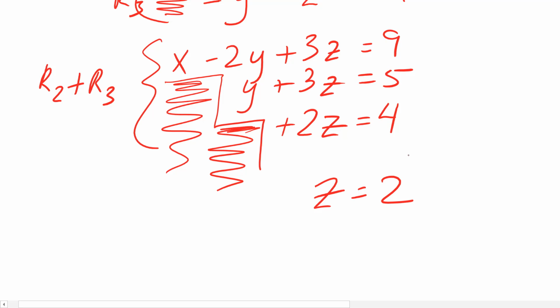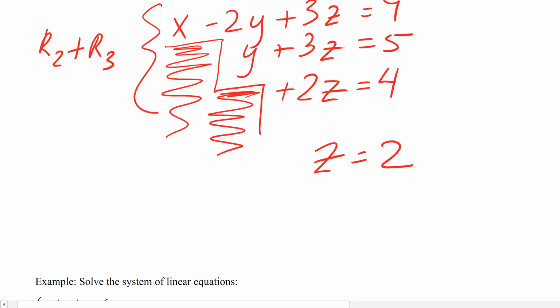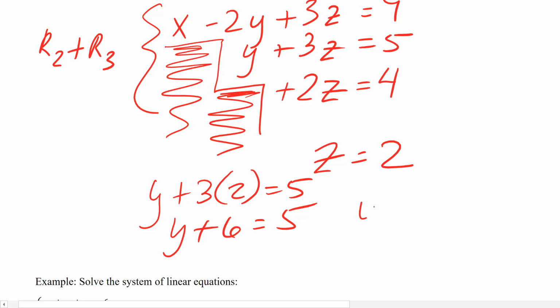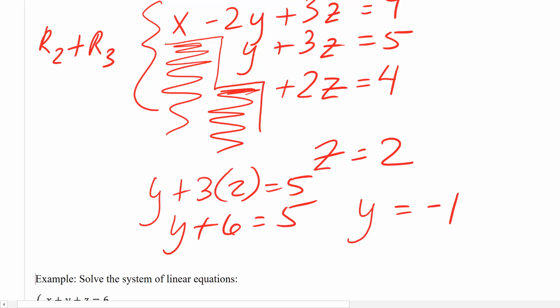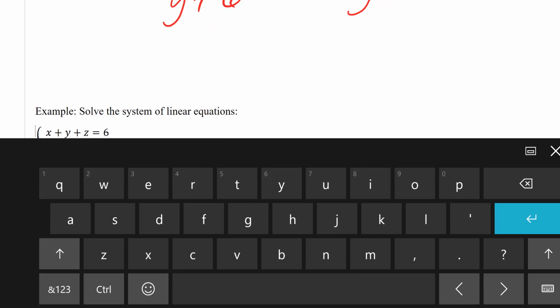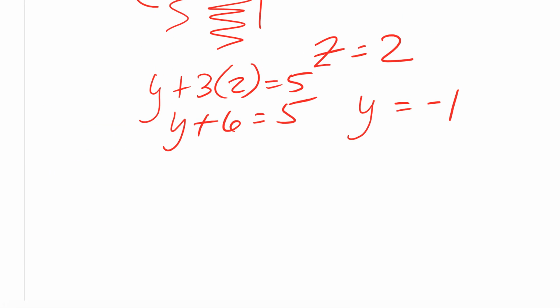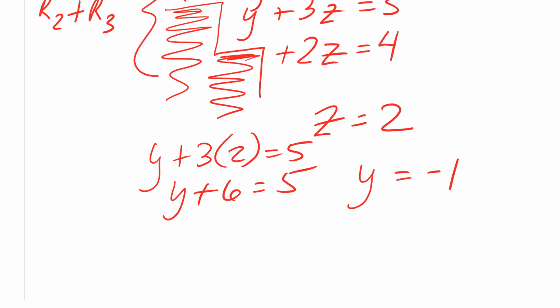Now I can plug 2 into the second equation. So I'll have y plus 3 times 2 equals 5. So y plus 6 equals 5. Y equals negative 1. And then I can take z and y and plug them both into the first equation and find x. So I know that z is 2, y is negative 1.